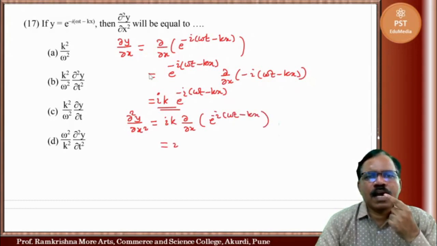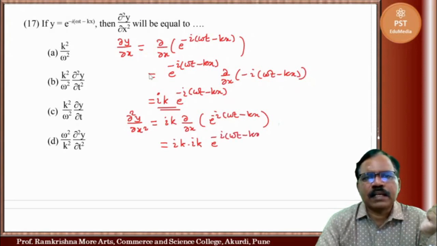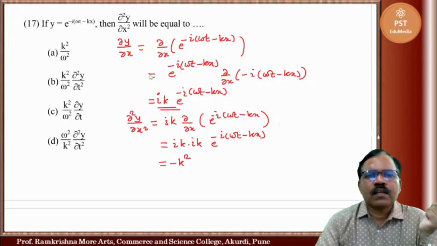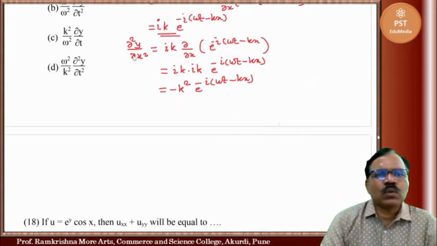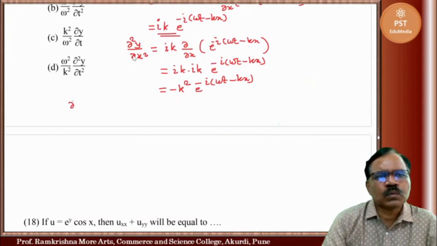So we will get here ik into ik e raised to minus i(ωt minus kx). So we will get minus k square e raised to minus i(ωt minus kx). Similarly, find ∂²y/∂t².